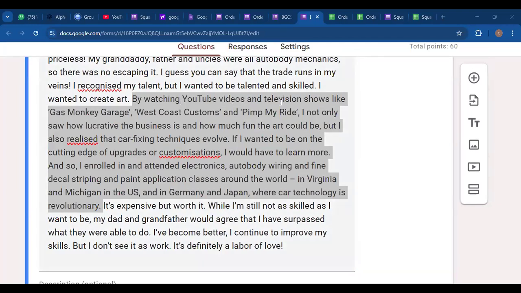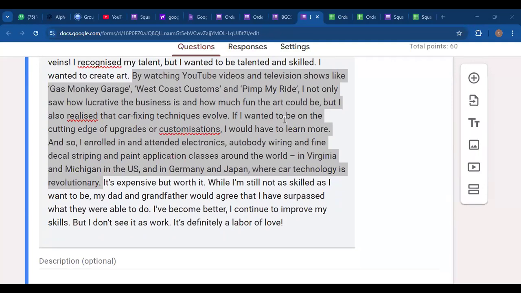By watching YouTube videos and television shows like Gas Monkey Garage, West Coast Customs, and Pimp My Ride, I not only saw how lucrative the business is and how much fun the art could be, but I also realized that car fixing techniques evolve. If I wanted to be on the cutting edge of upgrades or customizations, I would have to learn more.